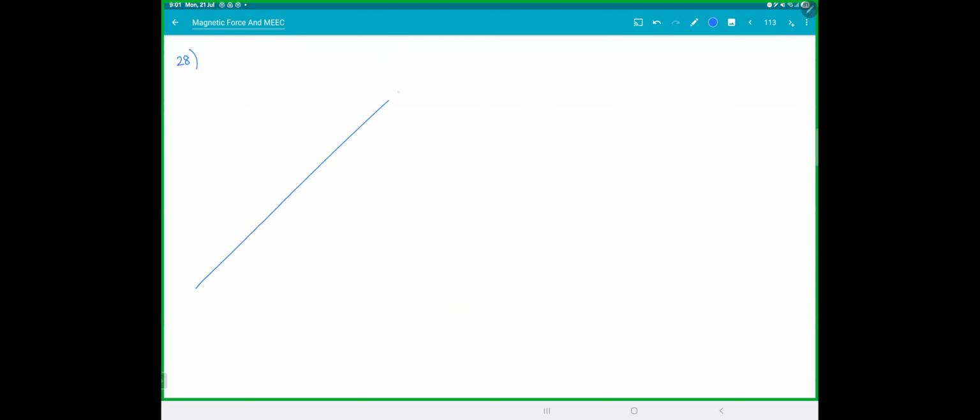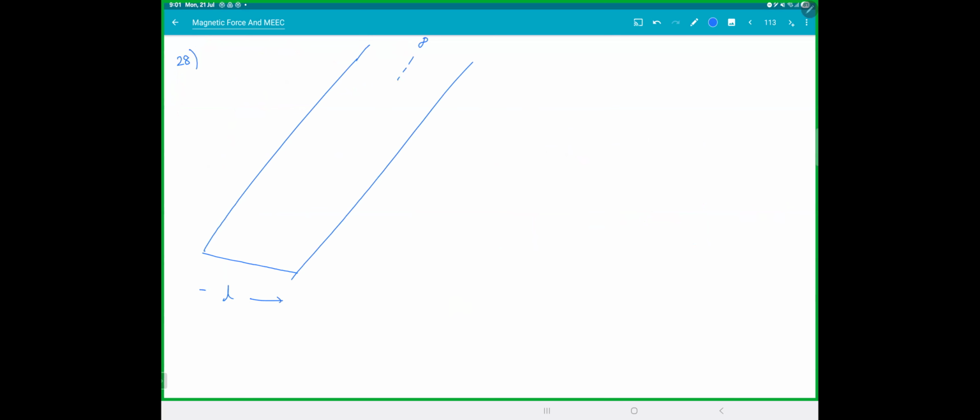Next thing. We have an infinite plate. This is going to infinity. L is the width of the plate. So here current is flowing like this.